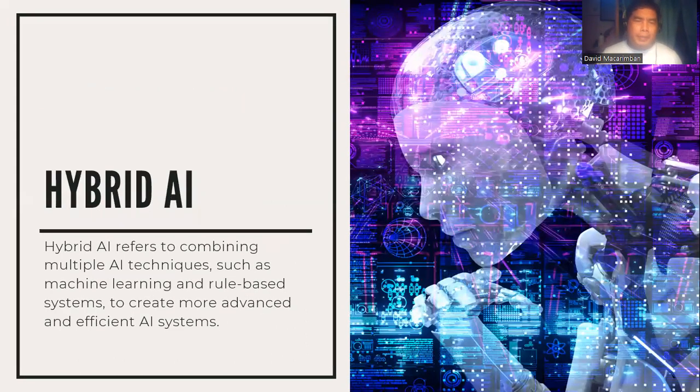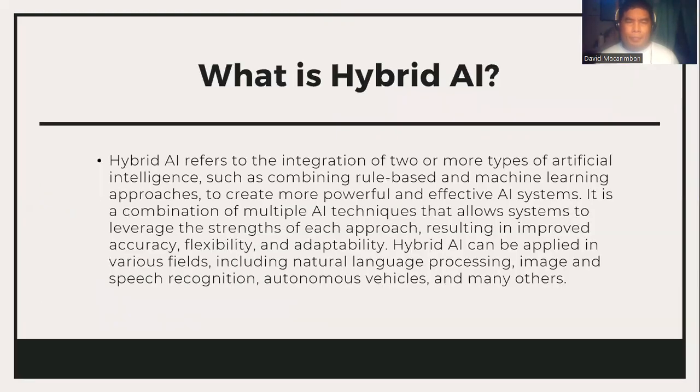Let's move on to hybrid AI, or artificial intelligence. Hybrid artificial intelligence refers to combining multiple AI techniques such as machine learning and rule-based systems to create more advanced and efficient AI systems. So what is hybrid AI?